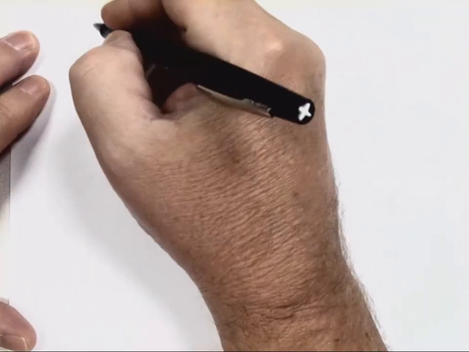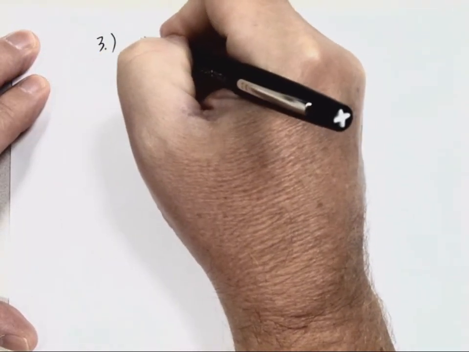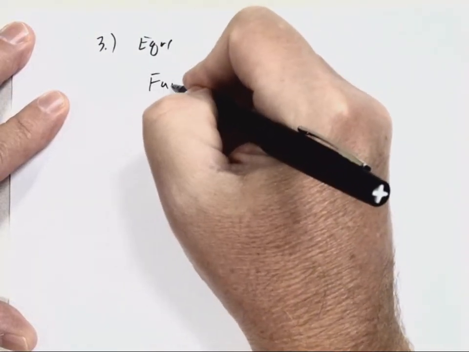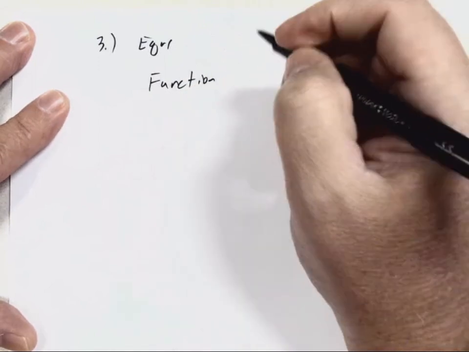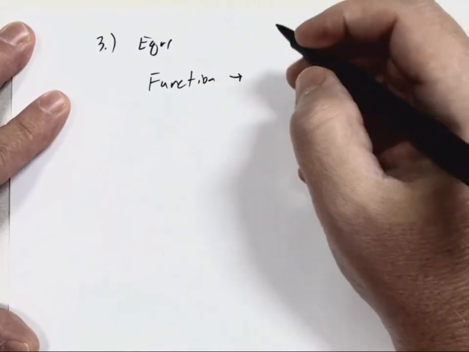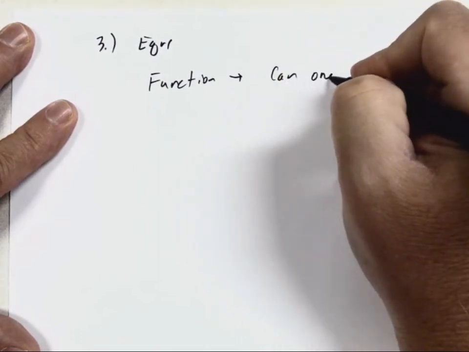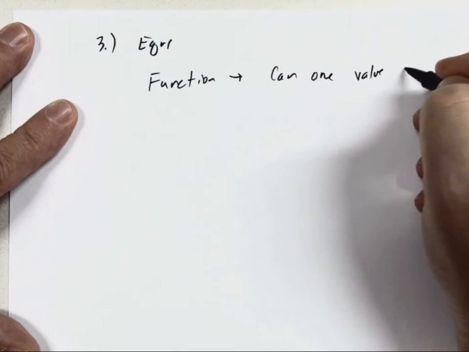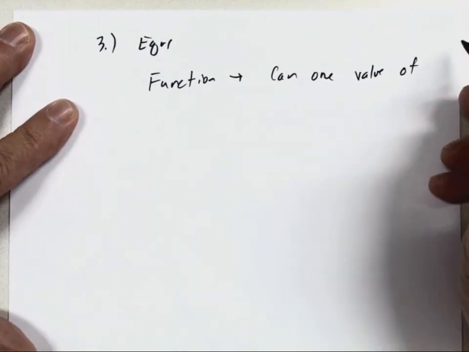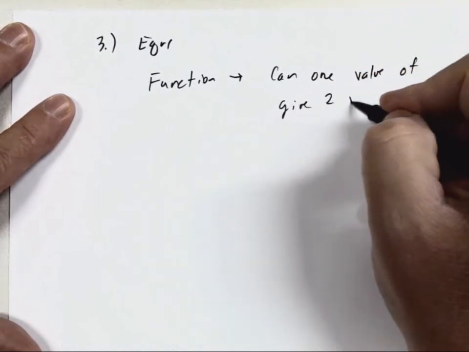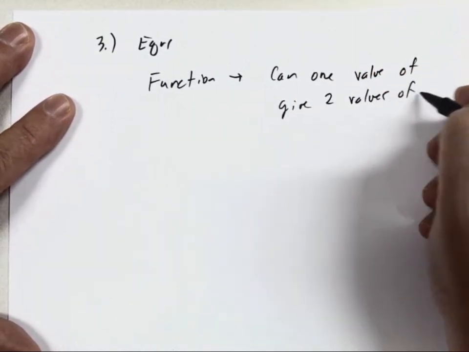And now for equations, which can sometimes be the trickiest. For the function question, you ask yourself, can one value of x give two values of y?